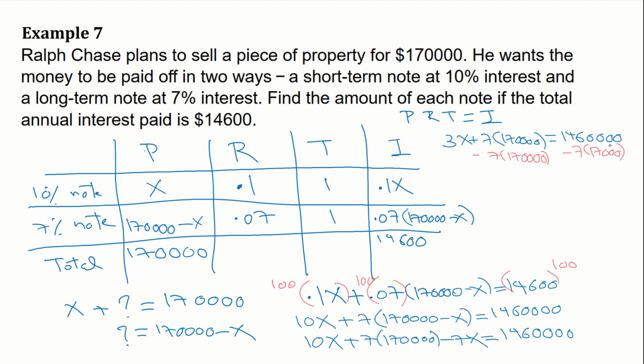So we end up with 3x, these cancel out on this side, equals, now we'll go ahead and utilize some technology.